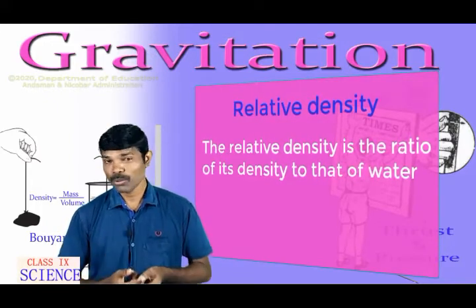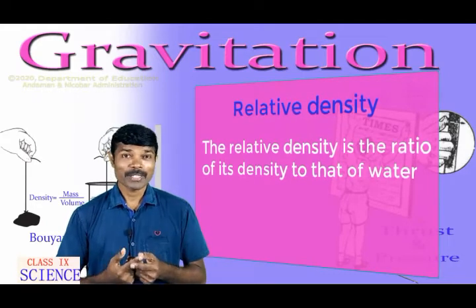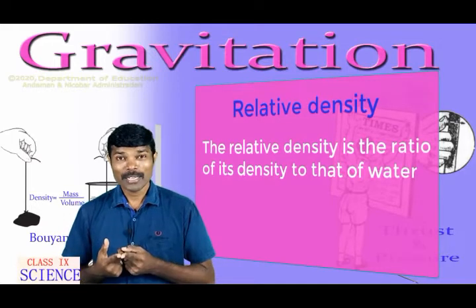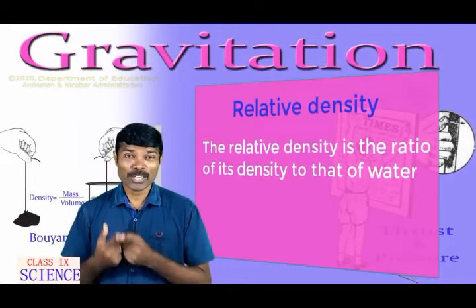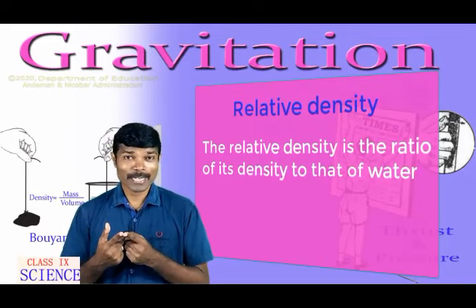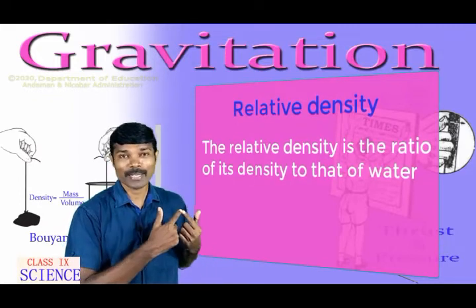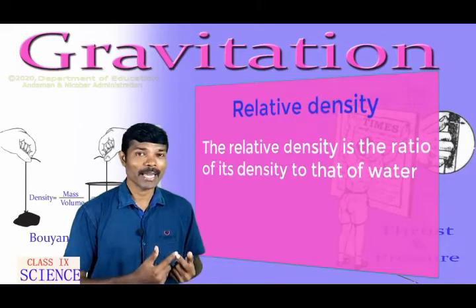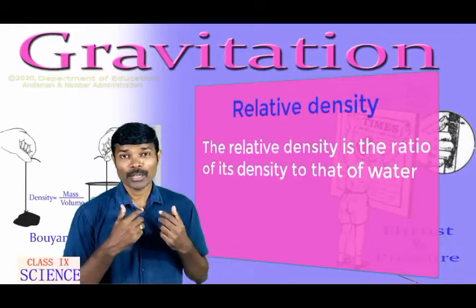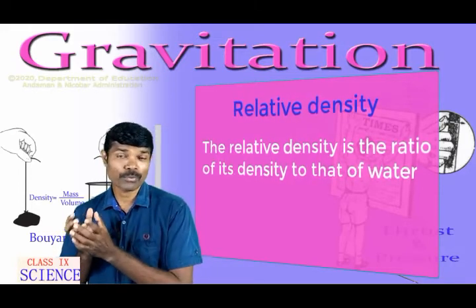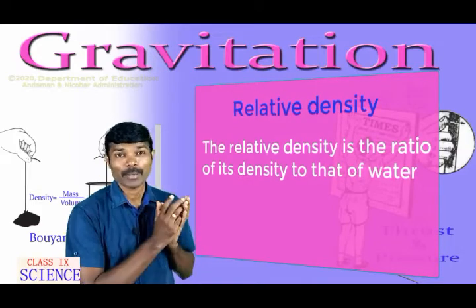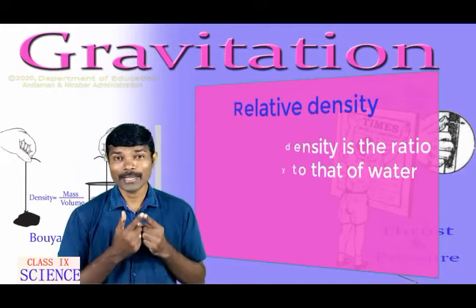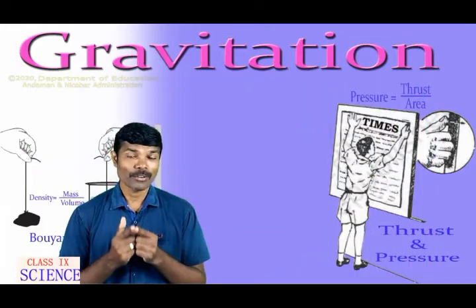Here one thing to note is that relative density doesn't have any unit, because the relative density of a substance is the ratio of the density of that substance with respect to some other standard substance. Here water is taken as the reference. So the density of the new substance which we are going to find is compared with water. So it is just a ratio, and it does not have any SI unit. Always keep this in mind.